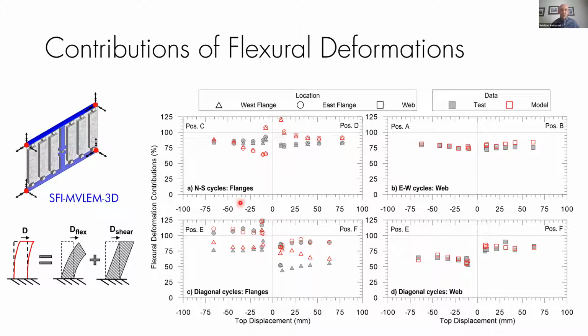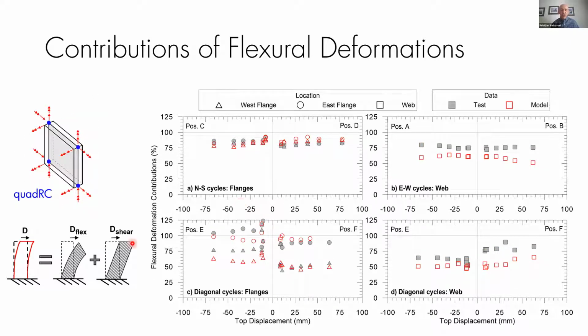If we use the other model, the quad RC, the situation kind of flips, and we're doing a better job in the flanges and maybe not as good in the web. But for both of these models, capturing nonlinear shear, especially in the C-shaped wall under multi-directional loading, obviously is not the simplest task. But I would say these models do reasonably well in both cases.